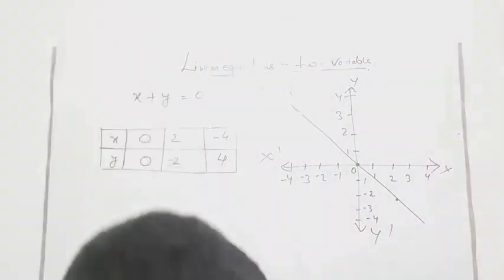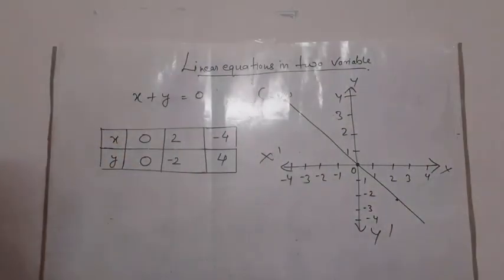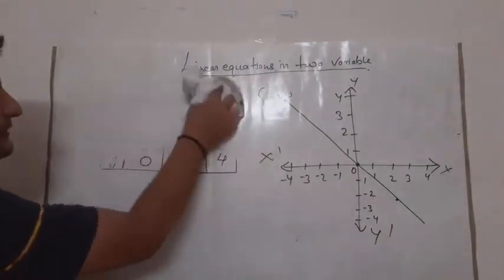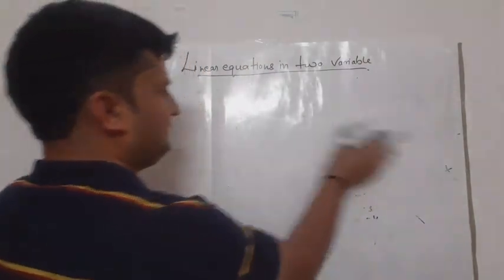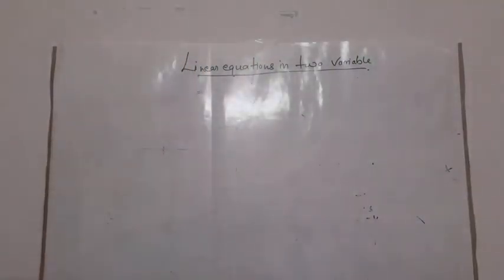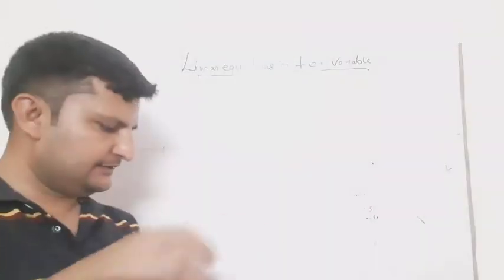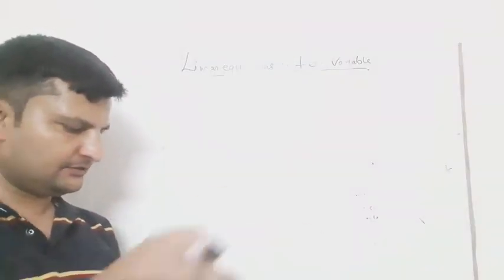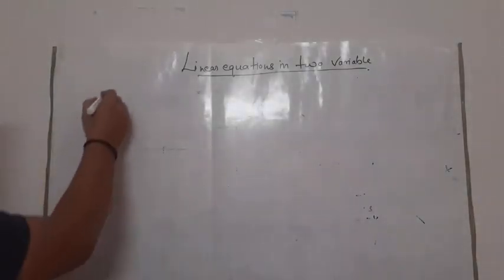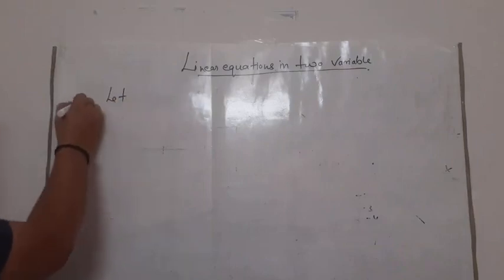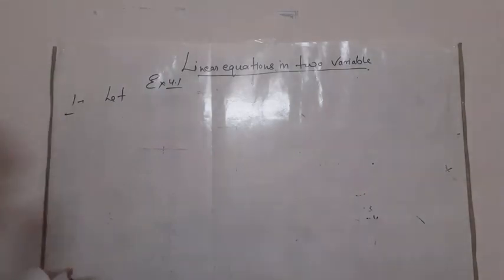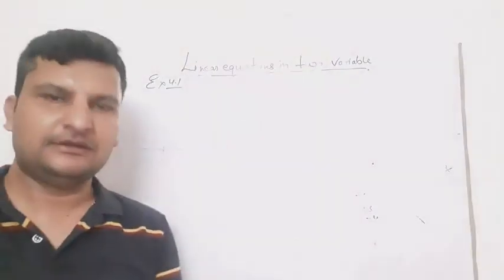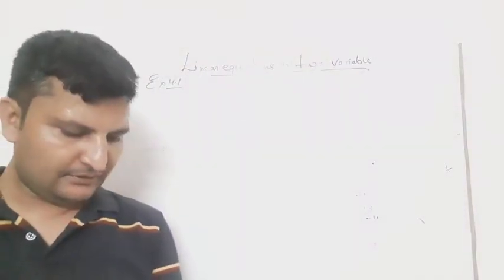Now we will start exercise 4.1. First question, exercise 4.1. The question is: the cost of a notebook is twice the cost of a pen.